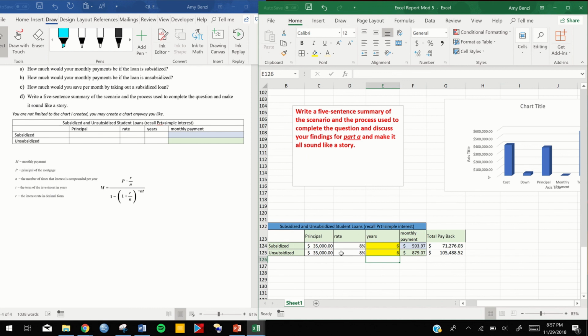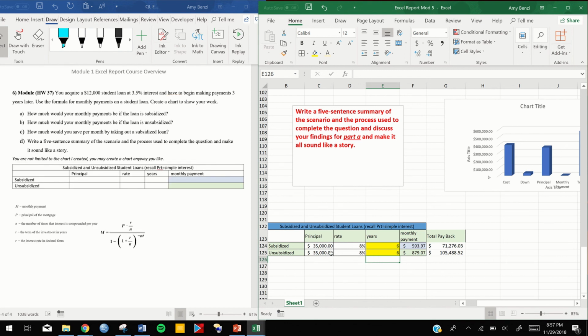You guys work this out, look at it on your own, the numbers that we used for this. And what would have made things easier is if I would have used an equal sign and used formulas for the cells, instead of, like, if I would have had equals 12,000.